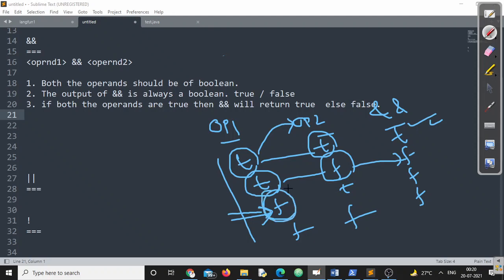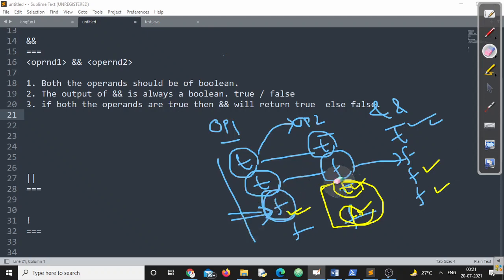The second one could be either false or true. Even if this is true or even if this is false, if the first operand evaluates to false, it doesn't matter what the second operand will be, 100% sure the result is going to be false. Why am I telling this? There is a reason. We'll discuss that very shortly.